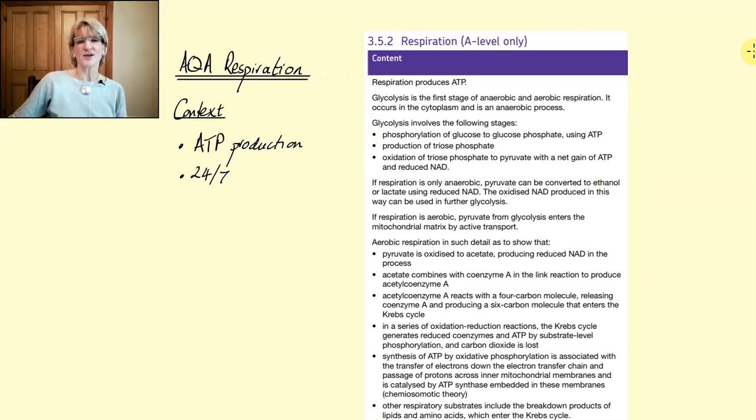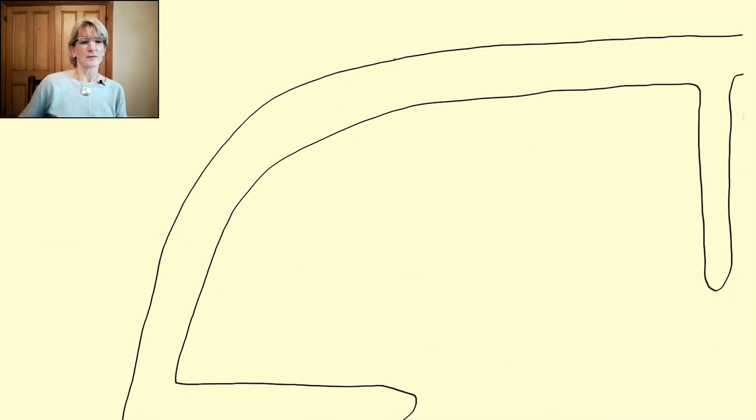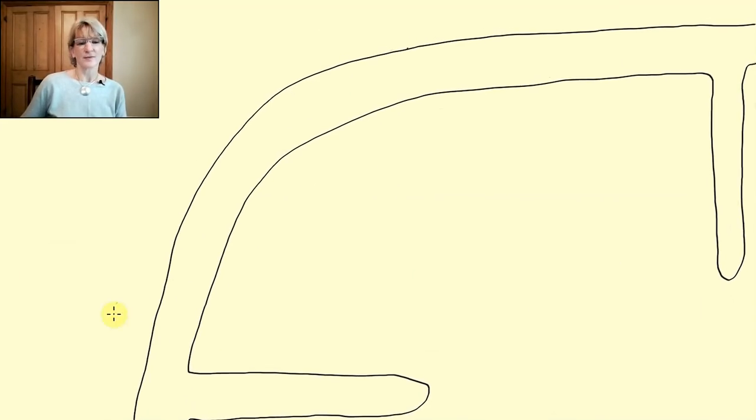So now let's start with respiration and where it happens. So I'm kind of hoping that you might recognise what I've drawn here. It is part of a mitochondria, and this is obviously in a eukaryotic cell because only eukaryotic cells have mitochondria.